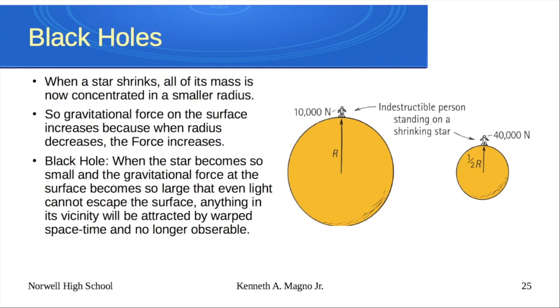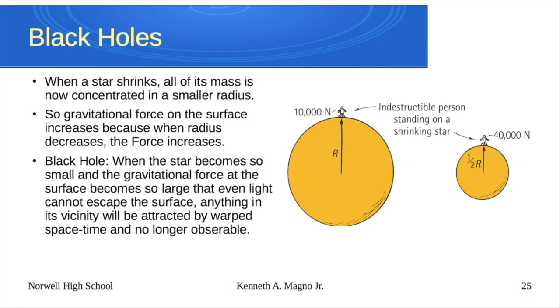Because like we just said with that whole orbiting around those dented parts of space-time, if the speed needed to maintain orbit equals or is greater than the speed of light, you're going to get pulled in. And even if light goes by, light's going to get pulled in. So you get these regions of space where literally all the light's pulled in, you can't see. That's why it's a black region of space, or a black hole. It's not the color black, it just means you can't see the light there.